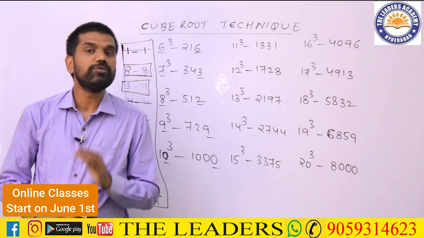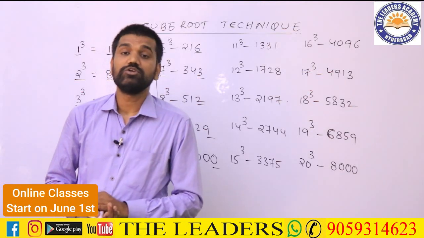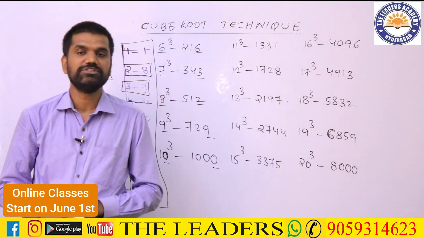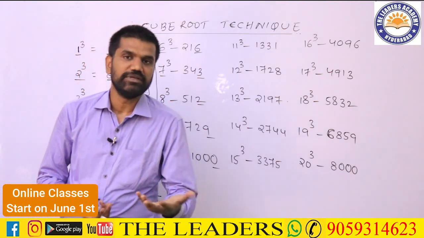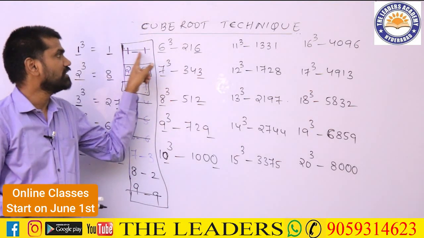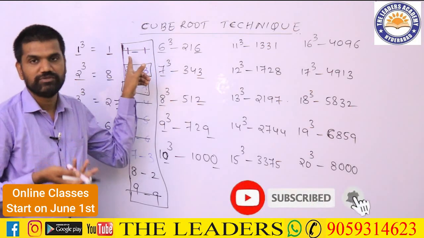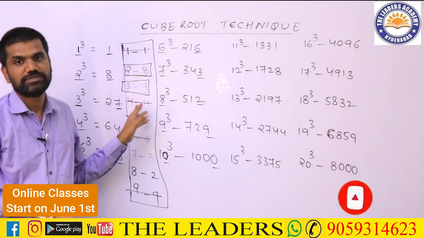Likewise, if the cube of a number ends with 7, its cube root ends with 3. If the cube of a number ends with 3, its cube root ends with 7. This is what you have to keep in mind. Rest of the things are similar, as we have seen. 1 is ending with 1, so if the cube of a number is ending with 1, its cube root ends with 1 only. If the cube of a number ends with 4, its cube root ends with 4, and vice versa.